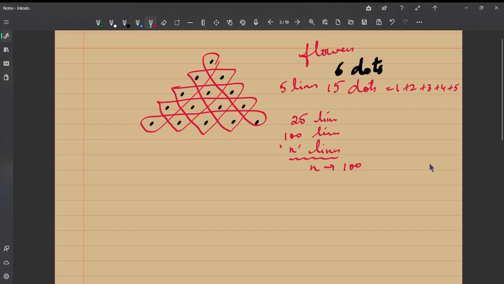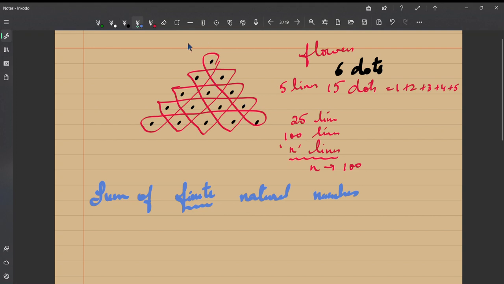So what ultimately we are going to do now is find the sum of finite natural numbers. The word here is finite, of course, because only when it is finite can we find the sum.